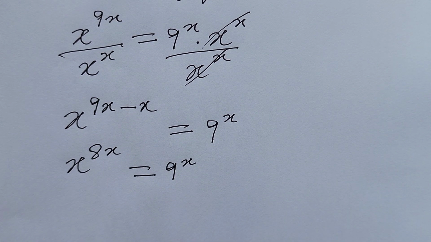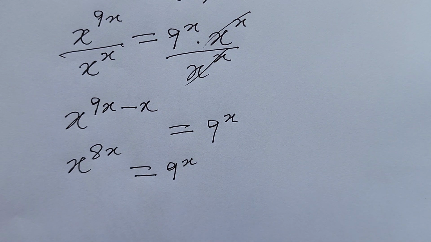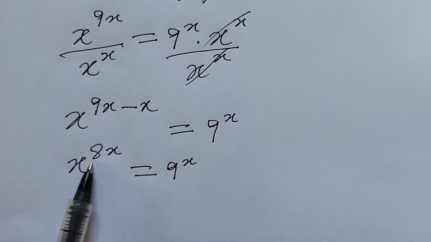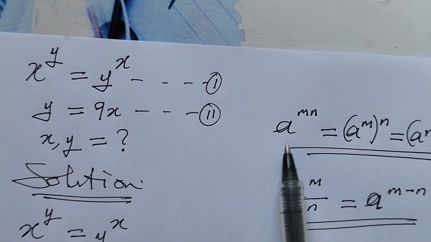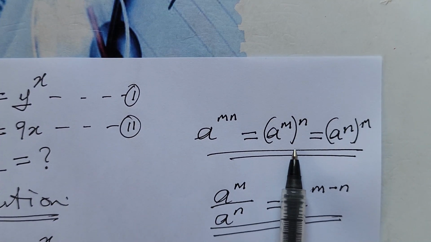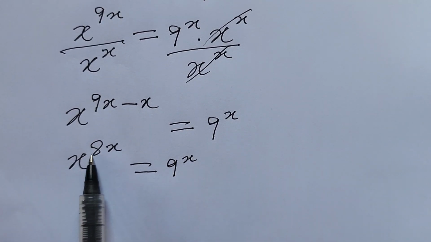Now let's watch carefully here. We want to strike a balance between the left-hand side and the right-hand side. And how do we achieve that? This is exponent x, and here we have exponent x. According to this law again, we can rewrite the exponent we have here.